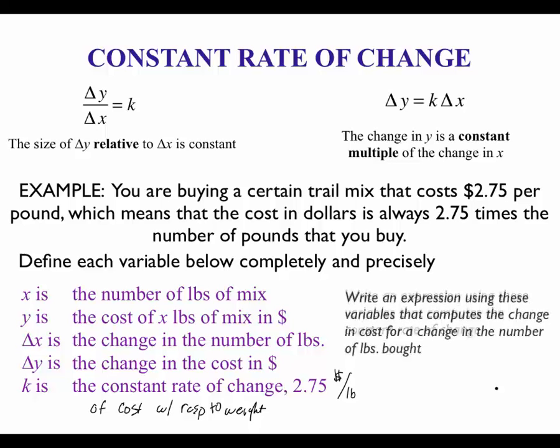Oops, sorry. So that last one was this. You should have said delta y over delta x. Okay? Write an expression using these variables that computes the change in cost given the change in number of pounds. So you know how many pounds you have, and you want to calculate the change in cost. What expression would you use to do that?